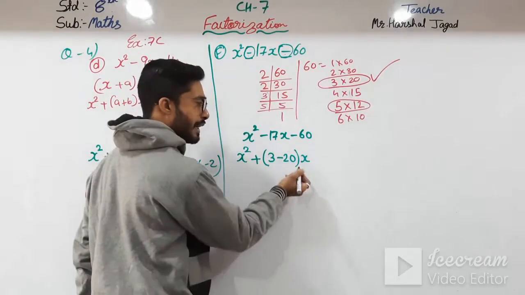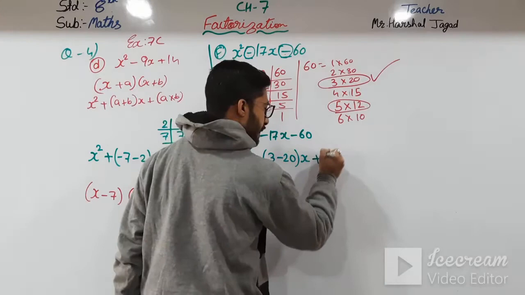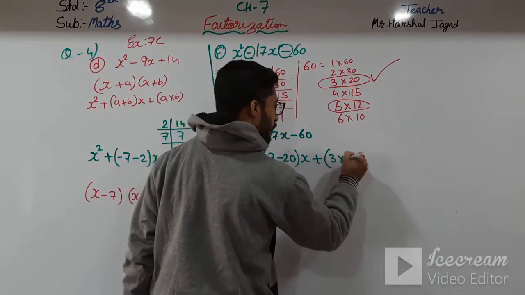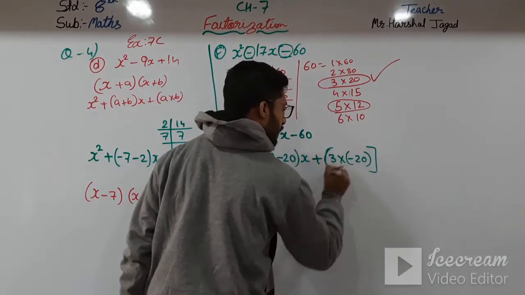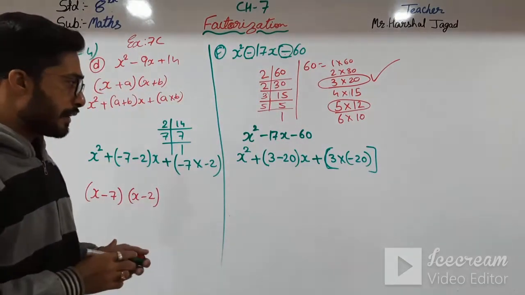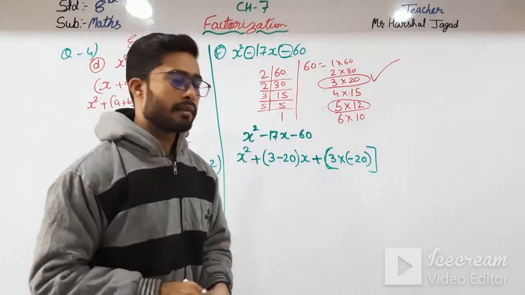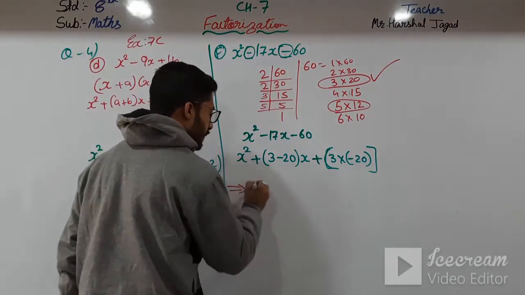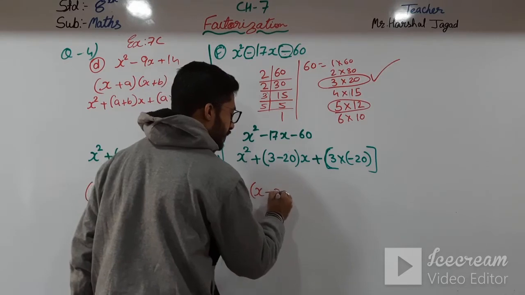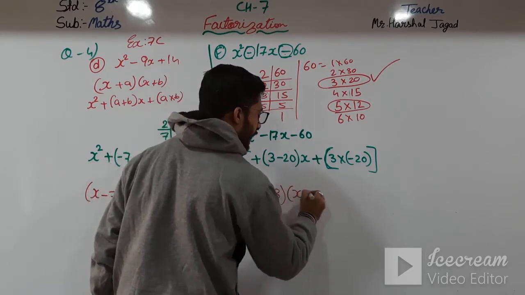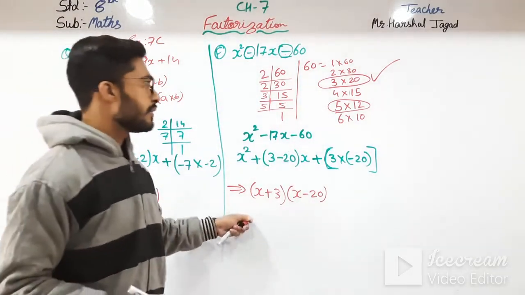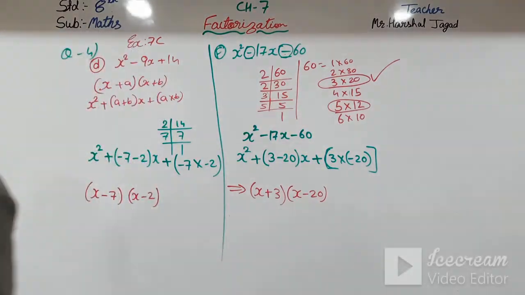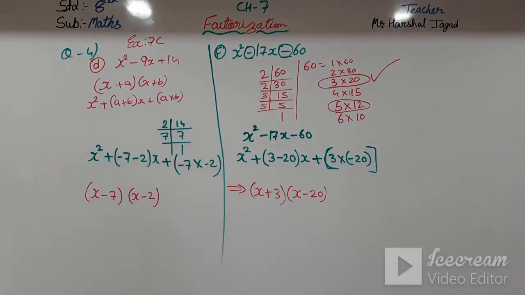So minus will be here, and plus 3 into minus 20. So now your answer will be x plus 3 and x minus 20. Please write this down, students, that is F. And moving towards another example, that is I.